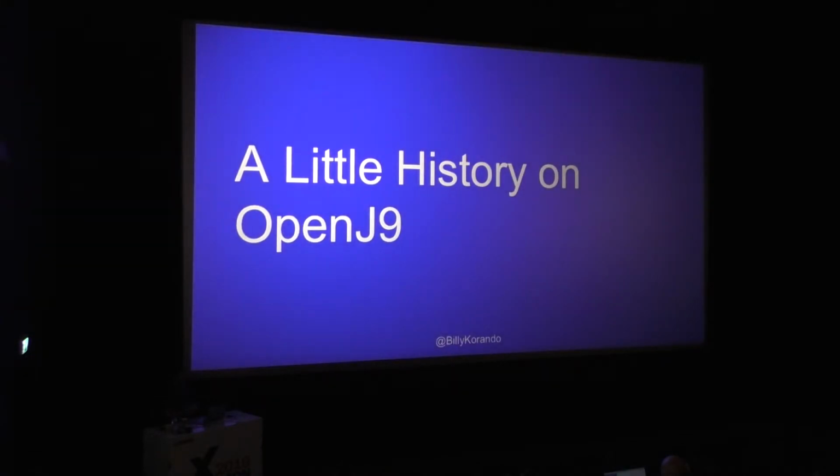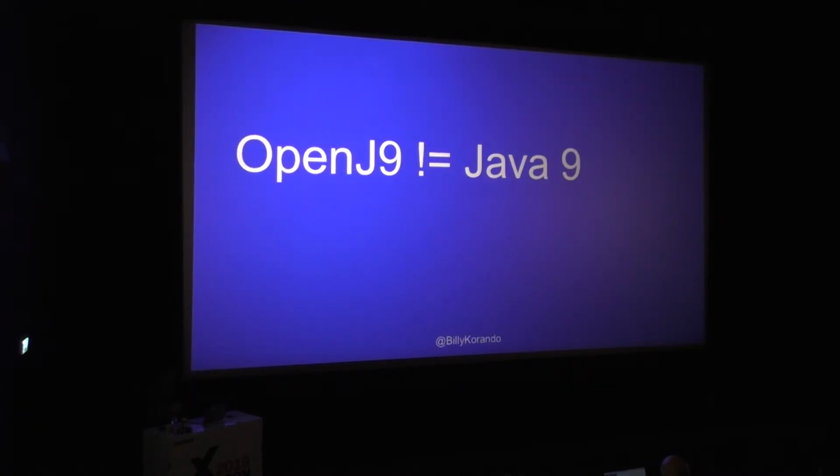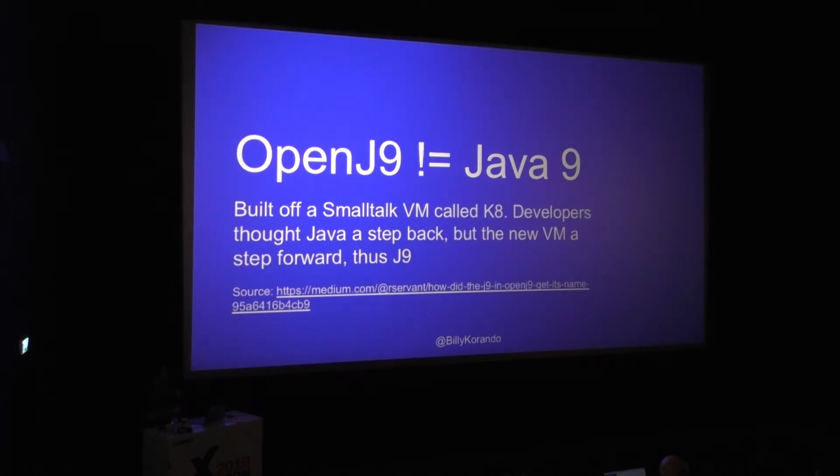So a little history on OpenJ9 to start with. First of all, OpenJ9 is nothing to do with Java 9. OpenJ9 came from a team that was actually developing a Smalltalk VM, which was called K8.